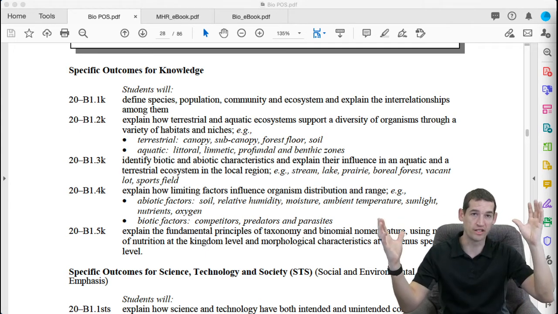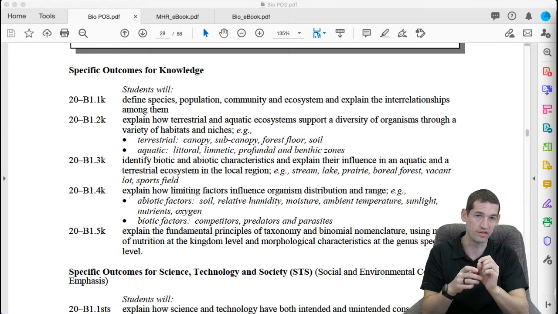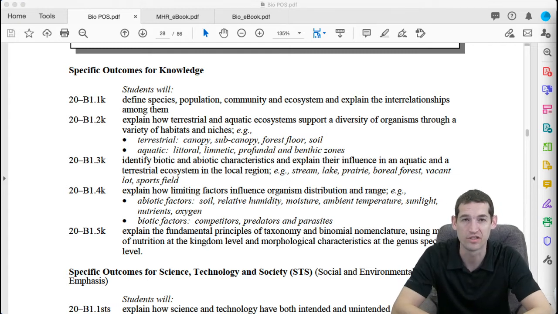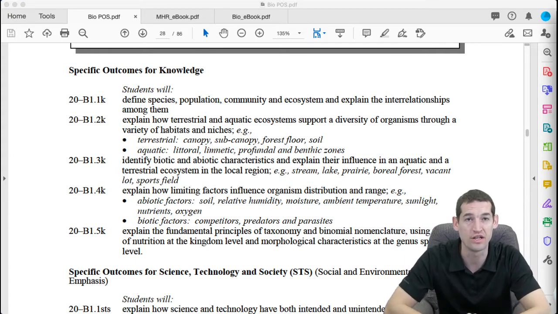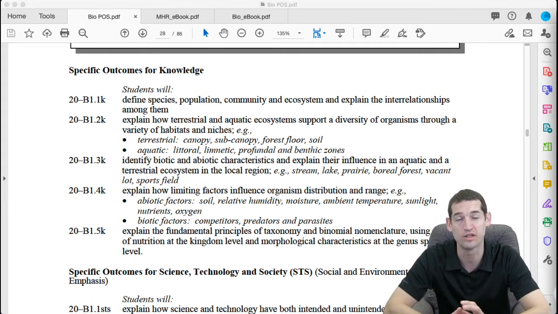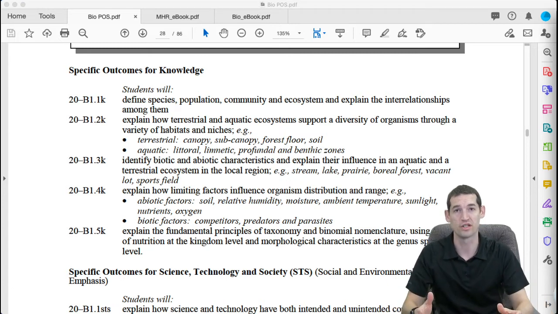So very broad characteristics at the kingdom level down to very, very specific characteristics at the species level and the genus level. So that's kind of a gist of everything that goes. Now that doesn't cover every little detail, but those are the broad strokes. In each of those broad strokes, you may have smaller pieces you need to dive into a little bit more.